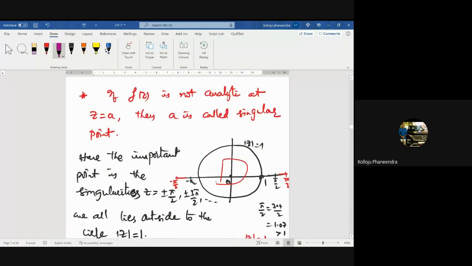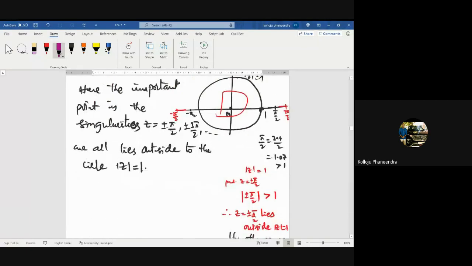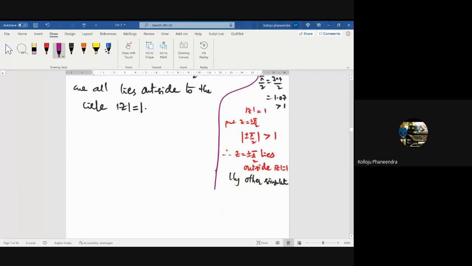And let us see where these singularities lie, whether inside the domain or outside the domain. I'm taking a picture of this, and without the picture you can use this logic. That means in the curve equation mod z equal to 1, put the singularities. See this value. What is this value? It is greater than 1.